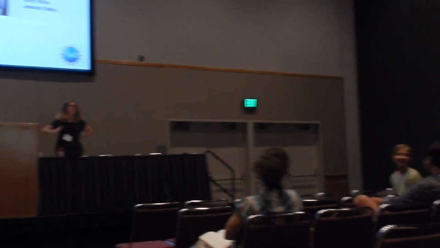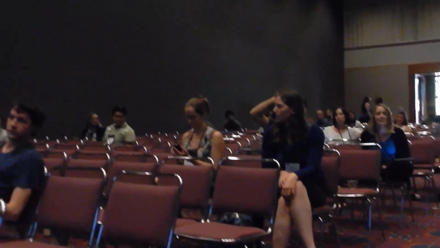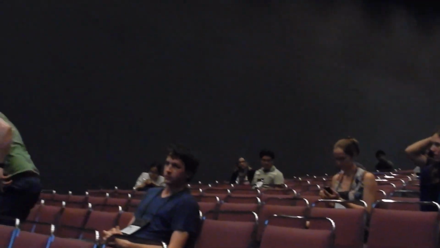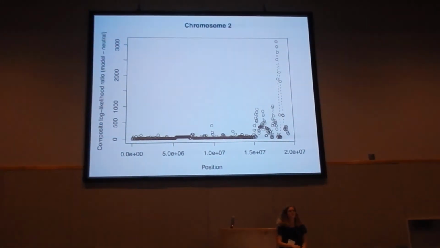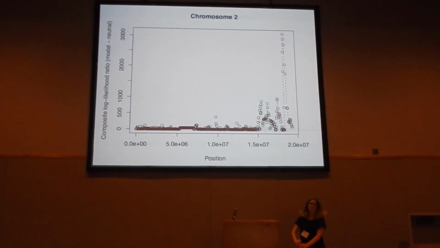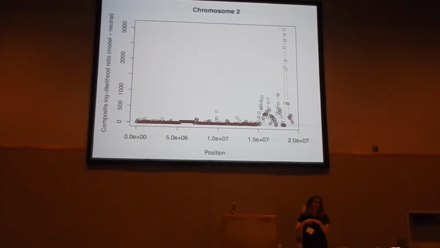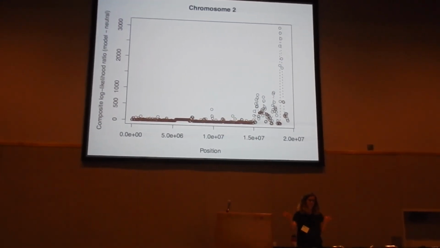Can you explain what's going on with the ratio test there? I didn't quite follow the subtracting off the neutral. Okay, so we're getting a co-ancestry matrix from our neutral sites in the genome.